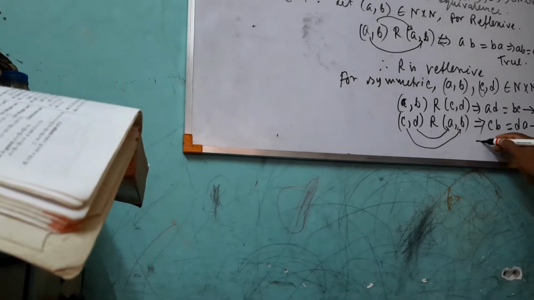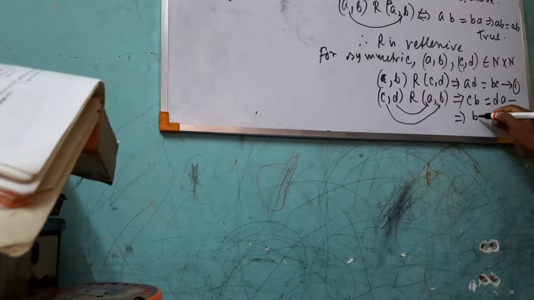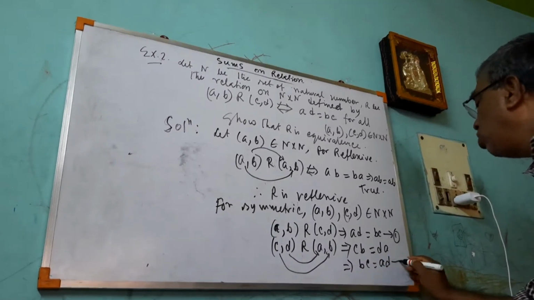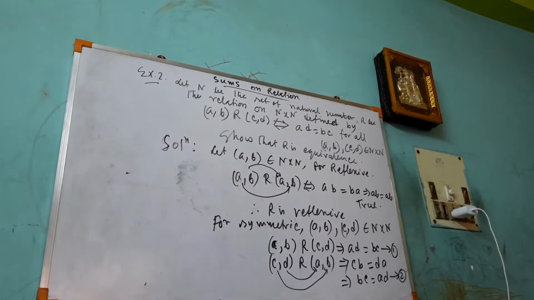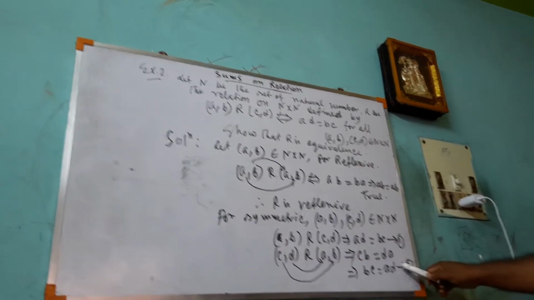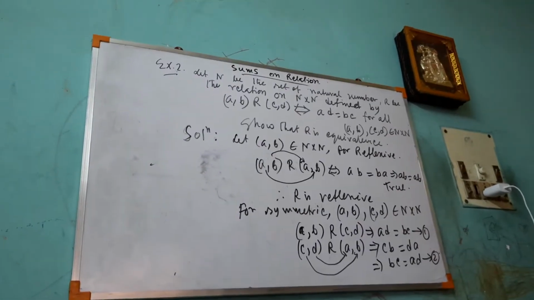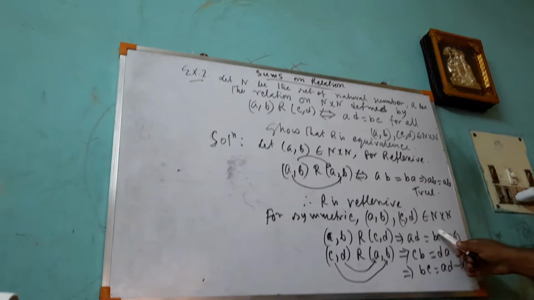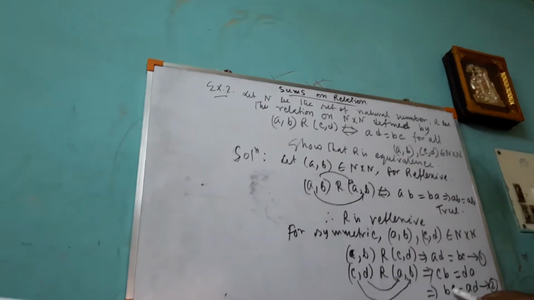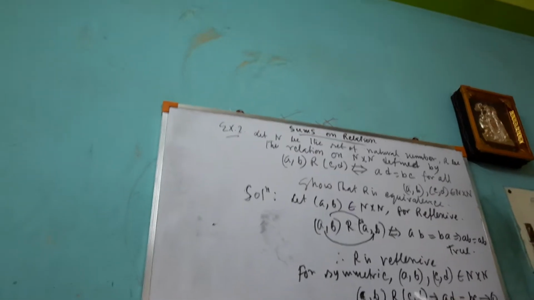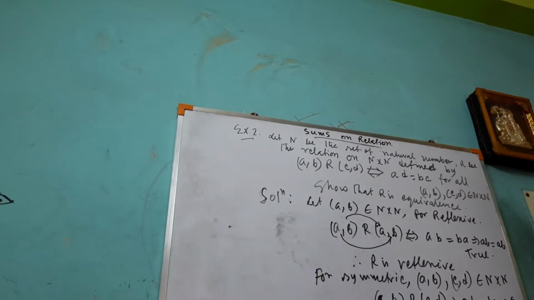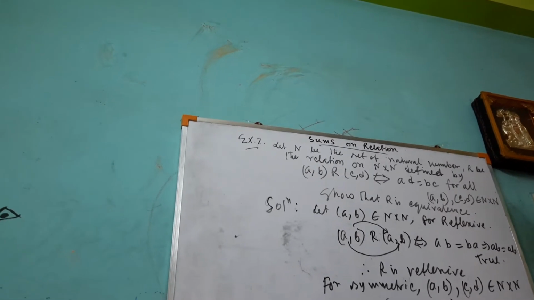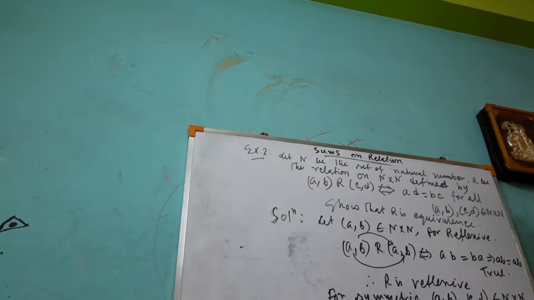This can be written as BC equal to AD. This is 2. So from 1 and 2, we see that AD equal to BC, and here also AD equal to BC. So this equal to this equal to this.